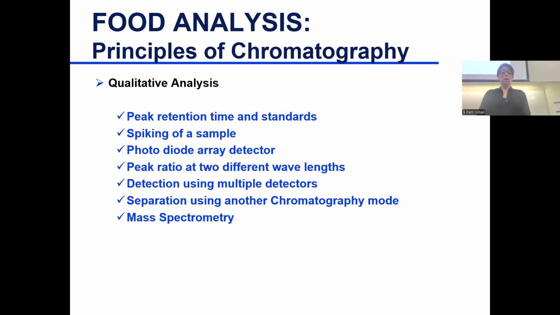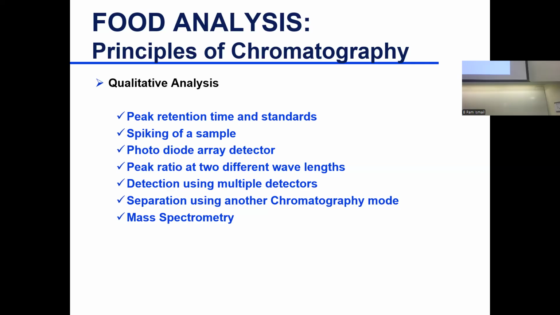Another good way for identification is having a detector, such as a photodiode array detector. You all saw it now in the lab. So the photodiode array detector measures absorption over a range of wavelengths, usually visible and ultraviolet, so over the entire spectrum, from 200 to 800 nanometer.